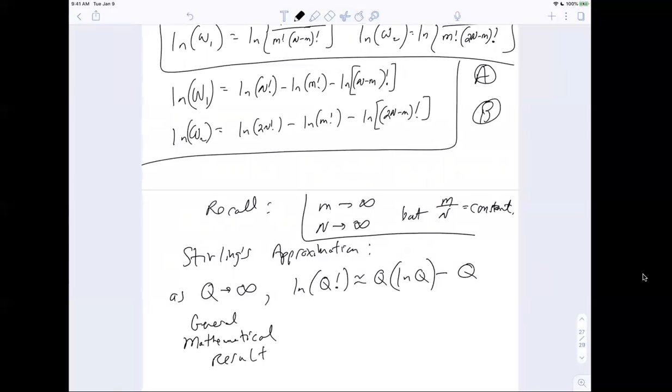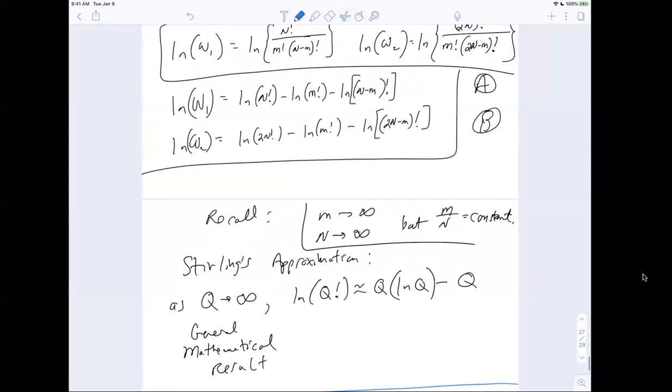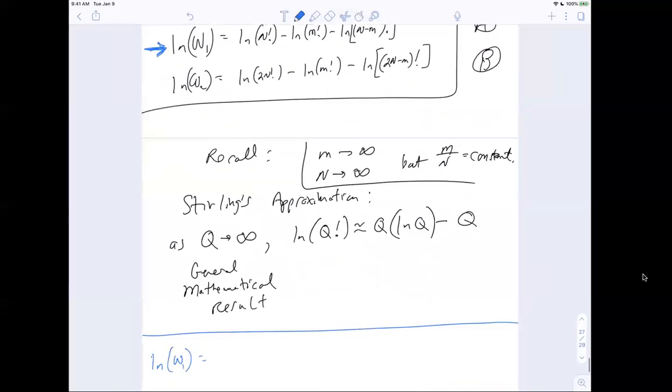So let's do that. Let's start with log of W1, which is this guy right here. The first term is n log n minus n.